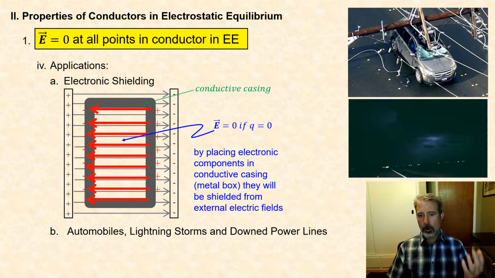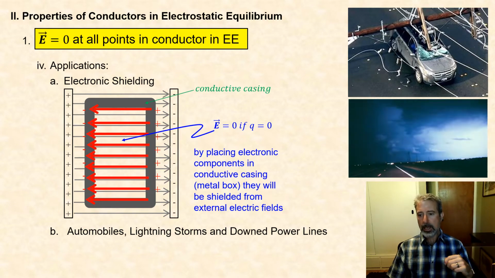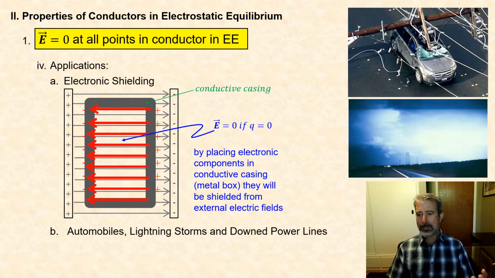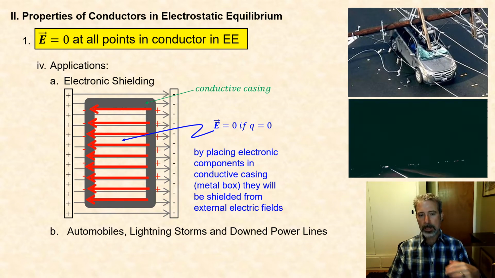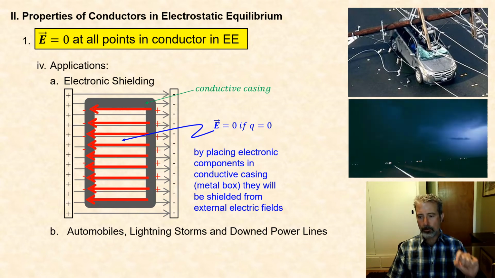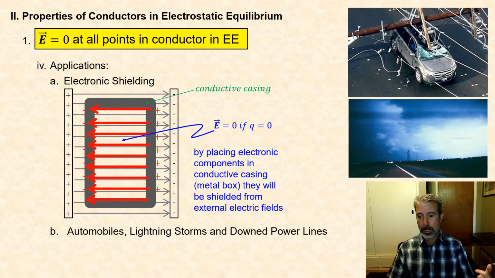Remember, however, that your car behaves as a conductive casing to shield you from external electric fields. And since you happen to occupy the interior region, if there is no electric field on the inside of the car, then there is no possibility of that electric field exerting a force on any charges within your body. So the source of the field is external to the car only, that is, from the discharge of the cloud or from the power line itself.